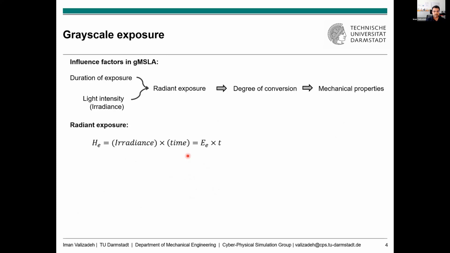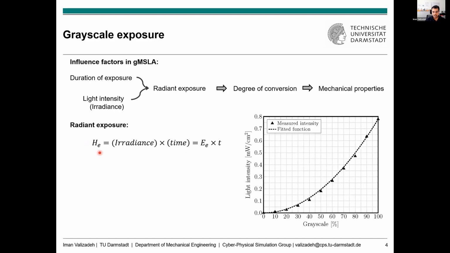The radiant exposure is the irradiance times the exposure time, and we can regulate the light intensity through the grayscale. We measured the light intensity for different grayscale values to determine the correlation of these two parameters, and we got a quadratic relationship between the grayscale and the light intensity.